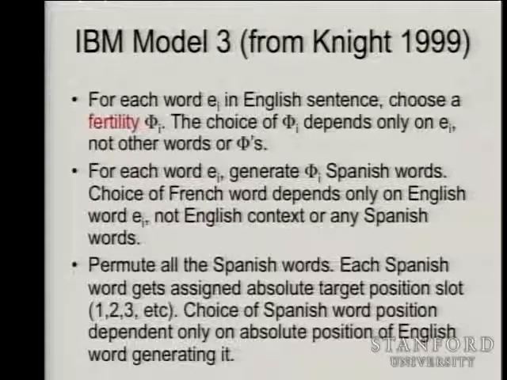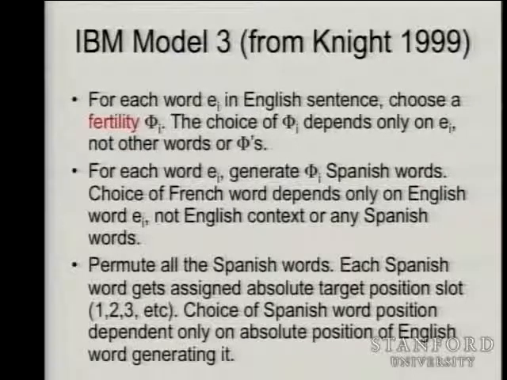So we have fertilities for a word, and again, there are strong independence assumptions in this model. The fertility of a word just depends on what the word is; it doesn't depend on other fertilities or surrounding words. Then we have the translations of a word, which, like what I was complaining about, are still just being done independently, so we're still relying on the language model to save us.